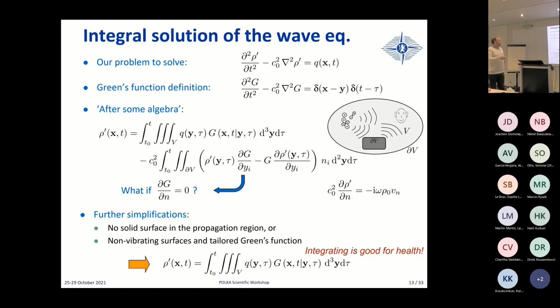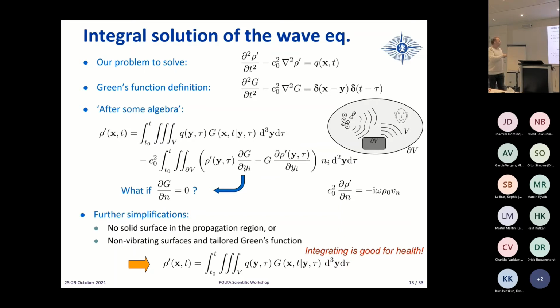In two instances, either you have no solid surface in the propagation region, and then it's comfortable because this surface doesn't appear, you only have this surface, and this one you can bring to infinity, and if you bring it to infinity, all the contributions in here decay. That's something you can prove. The Green's function decays as 1 over r, as 1 over the distance, so the gradient is 1 over r squared.